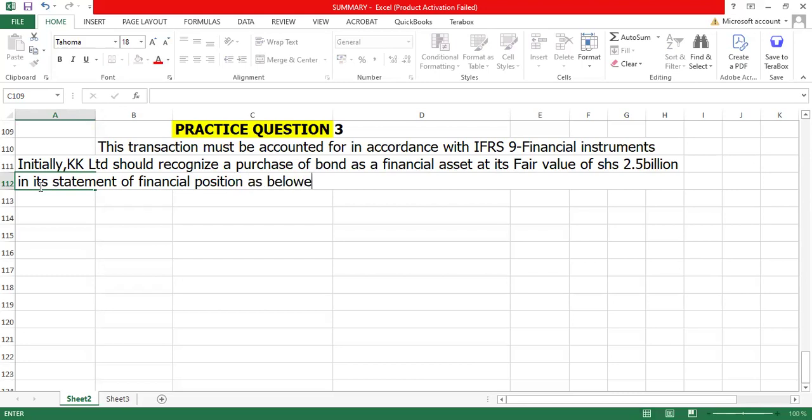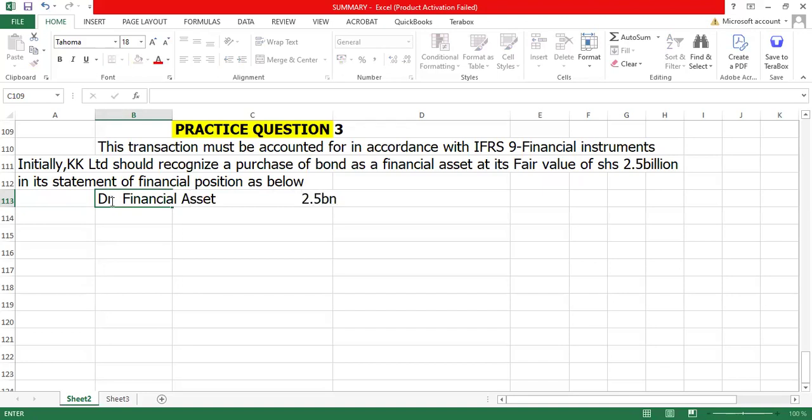So here you debit what? Remember, this is an asset, so you debit a financial asset of 2.5 billion.